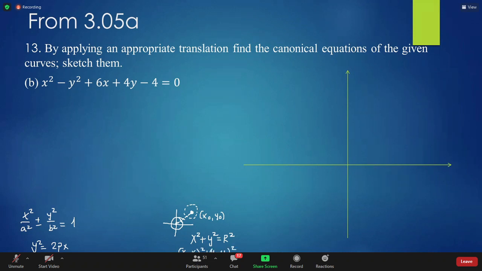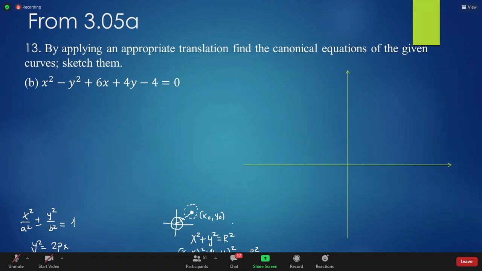Basically, exactly the same thing happens if we move an ellipse or a hyperbola or a parabola to some new location. We simply imagine that the center, the point that was at the origin of our construction, moves to the point x0, y0.